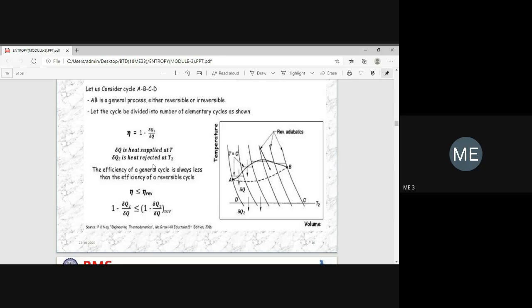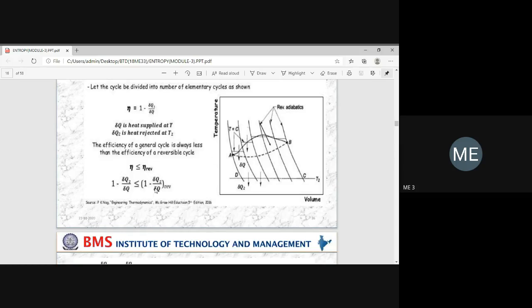Based upon that, we can write the statement as: the efficiency of a general cycle, it may be reversible or irreversible, is always less than or equal to the efficiency of a reversible cycle. Mathematically, eta is less than or equal to eta reversible.